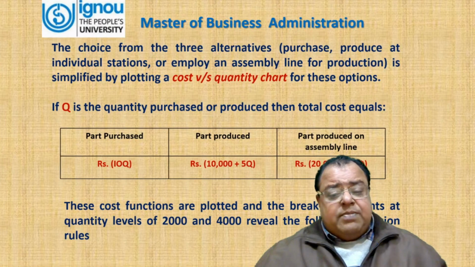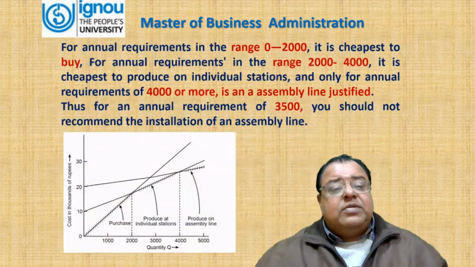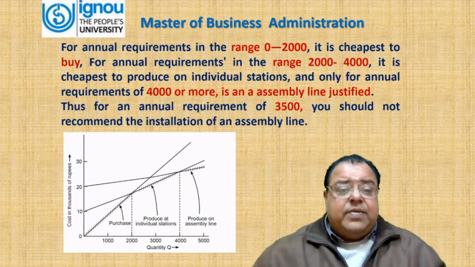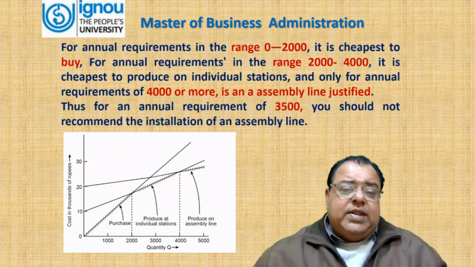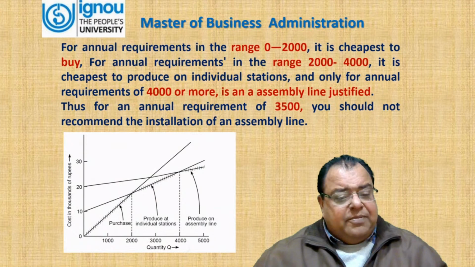These cost functions are plotted, and the break-even points at quantity levels of 2,000 and 4,000 reveal the following decision rules. After plotting of the graph, for annual requirement in the range 0 to 2,000, it is cheapest to buy.